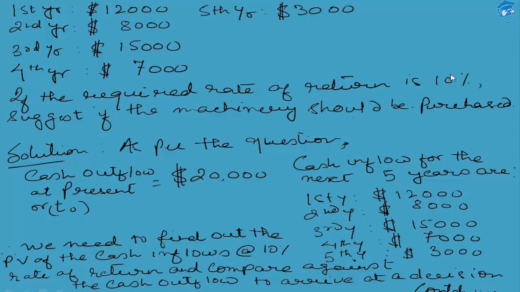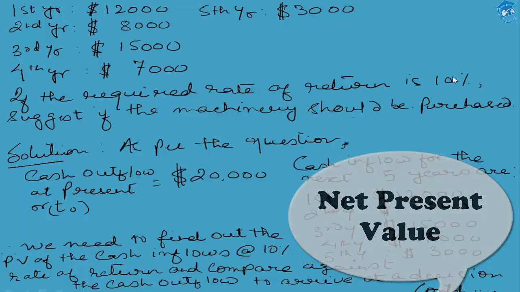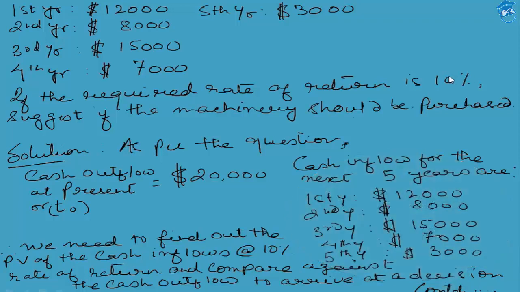So what is the meaning of net present value? In layman's terms, net present value is generated when the present value of the future cash inflows is in excess of the cost of the investment in the asset. So this excess of the present value of the future cash inflows over and above the cost of the asset has to be studied in the light of 10%.